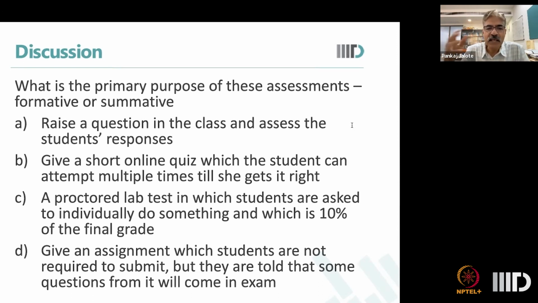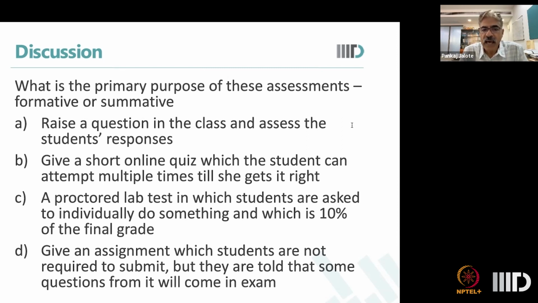But in the end, the student has learned because she got it right. So this is a well-established technique for formative assessment to help the student learn. She answers, immediately the feedback comes. It's giving a question, giving feedback, and the student corrects till she gets it right.